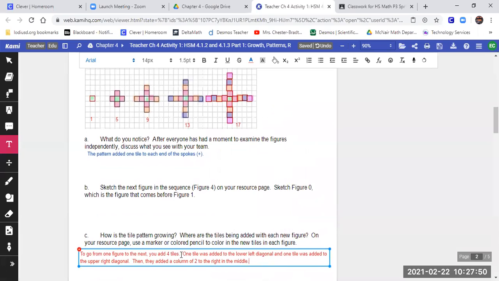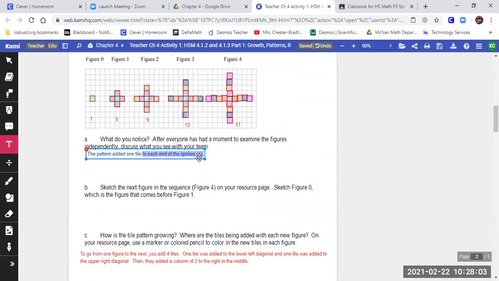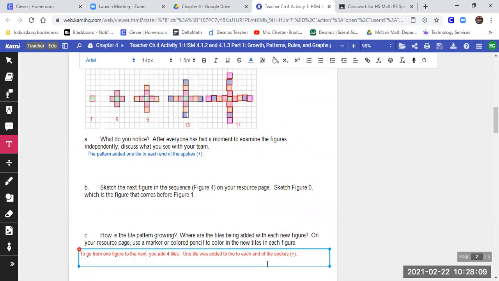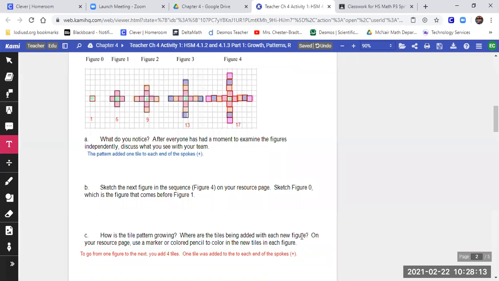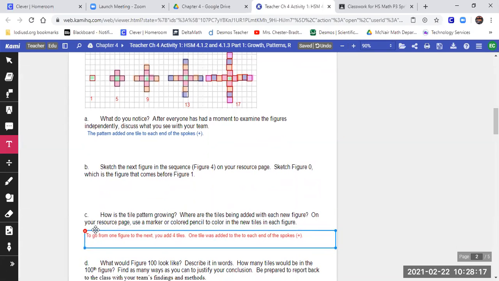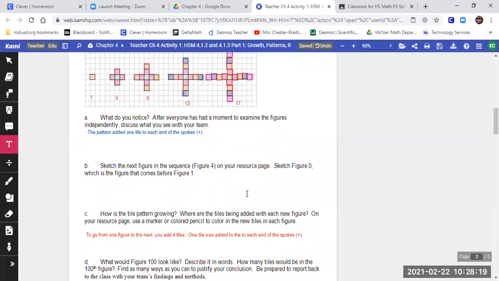We agreed that it was the same thing. Okay, so 1 tile is added to the end of each spoke, the plus. Yay, it's done. It's a nice thing about copying and pasting. When you've already written it once, you can just copy it and go to the next one.